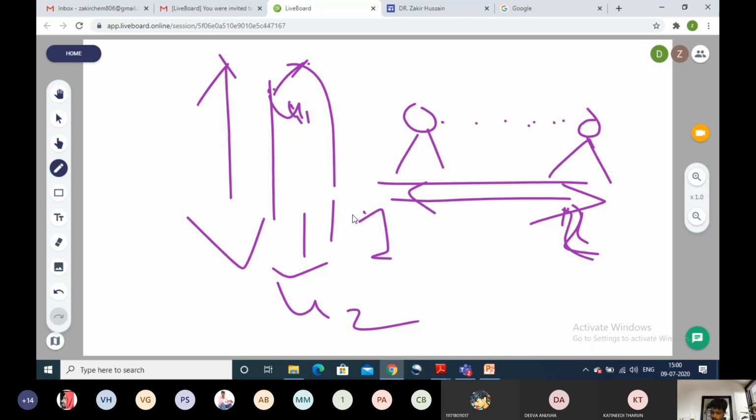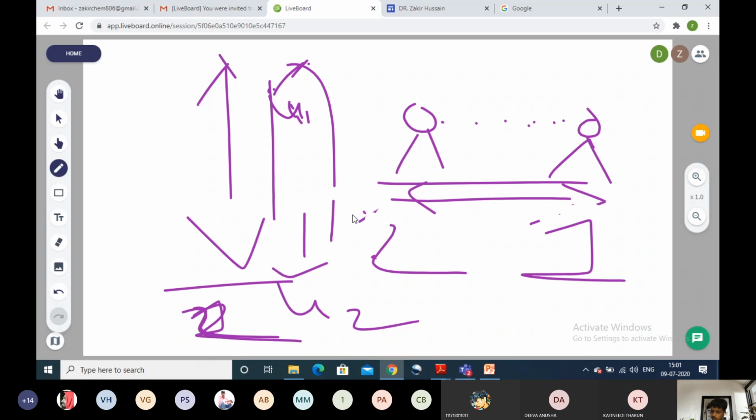Initially the rocket is at rest. Okay, this is at point 1, or according to this variable this is at point 2. Here also we will consider point 1, simply the difference in the notation scheme only, nothing more than that. So see, consider this is point 2 and this is point 1. The person has to reach from point 2 to point 1, and the rocket is also the same.